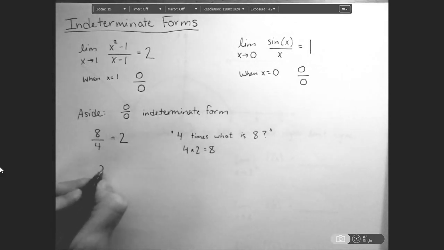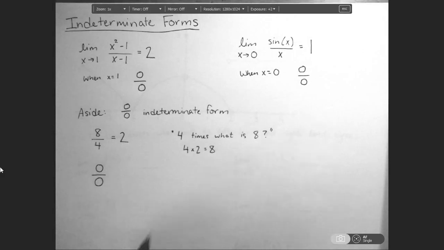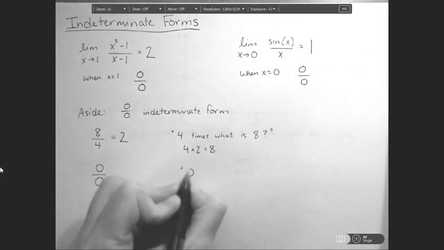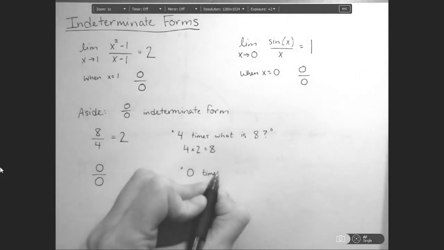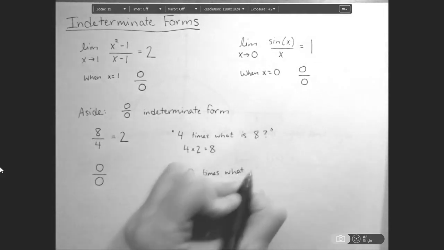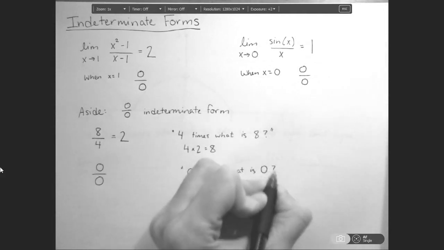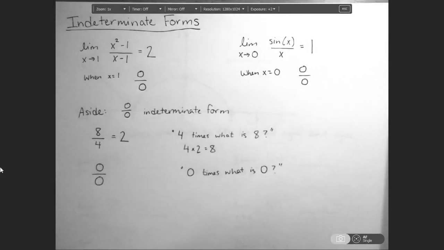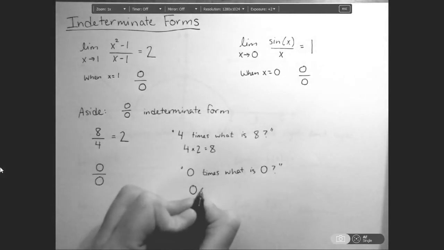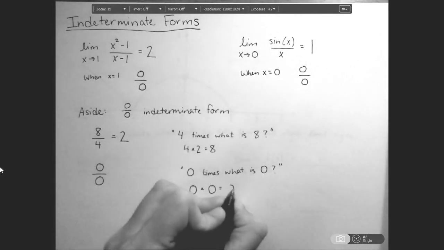So let's examine the same thing when we're looking at 0 divided by 0. When we look at 0 divided by 0, this is asking the same question: 0 times what is 0? Just taking a couple of instances, we know that 0 times 0 is equal to 0.